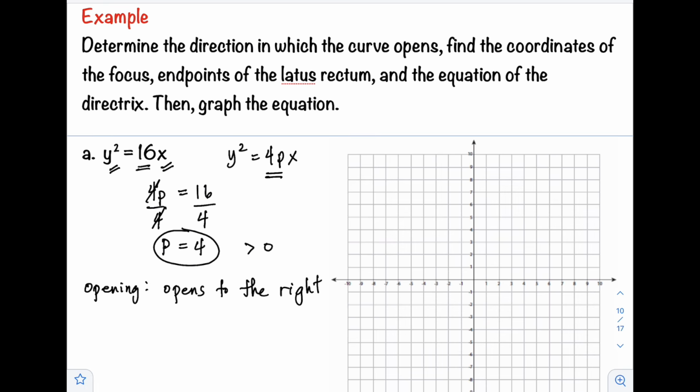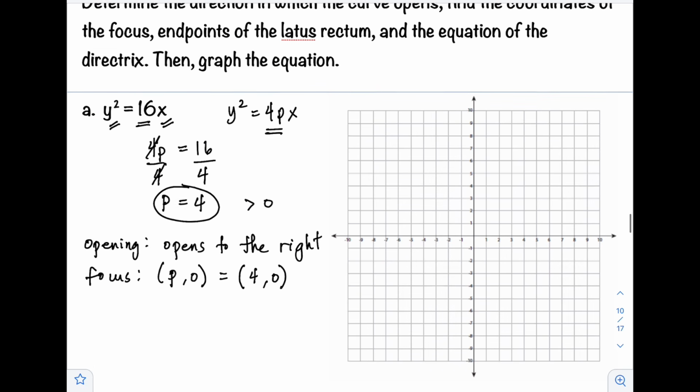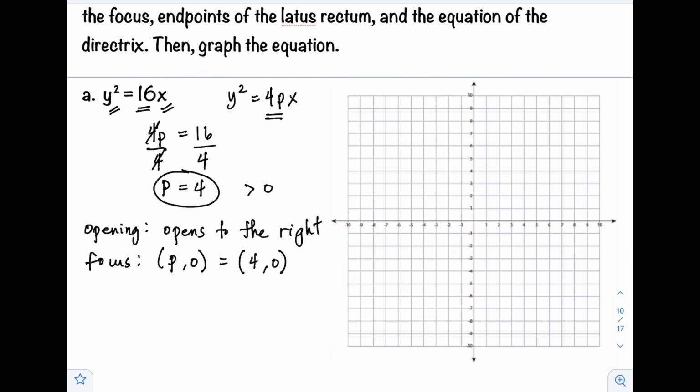Okay? So, next is, since may value na tayo ng P, pwede na nating makuha si focus. So, si focus natin is makikita kay P, 0, which is equivalent to 4, 0. Okay? So, ang next naman natin kukunin is yung kanyang latus rectum.